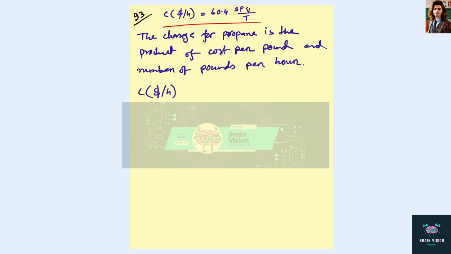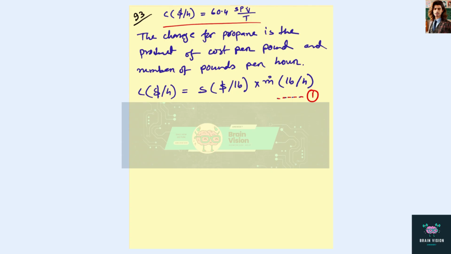Therefore, the cost per hour is equal to pounds per hour, the cost per pound multiplied by the number of pounds per hour. We can name this equation as equation 1.